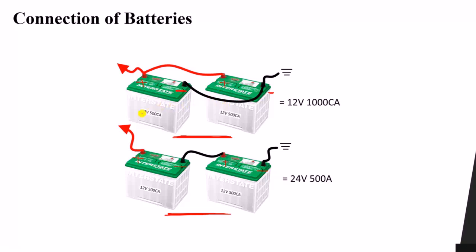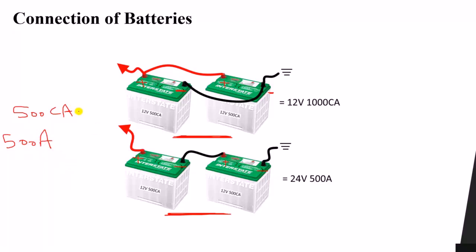Each battery is 12 volt and 500 CA, which is called cranking ampere. 500 cranking ampere means that this battery can provide 500 amperes for 30 seconds.